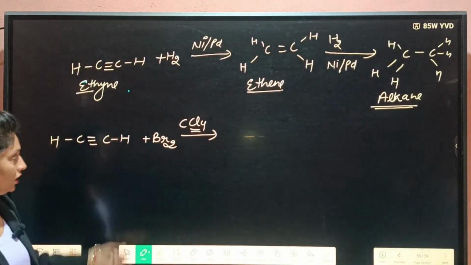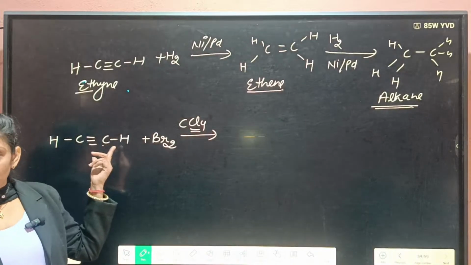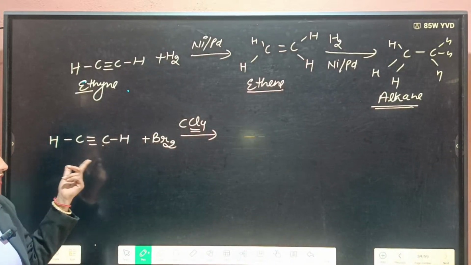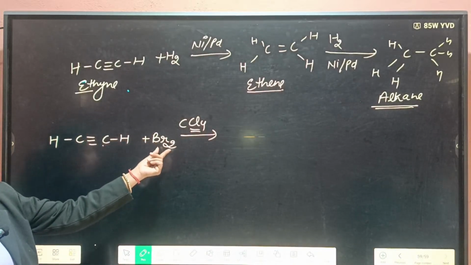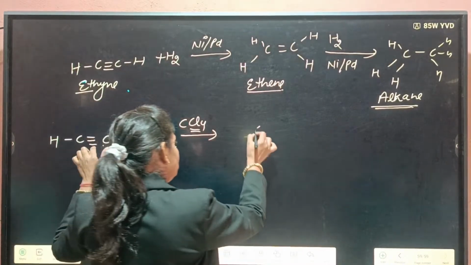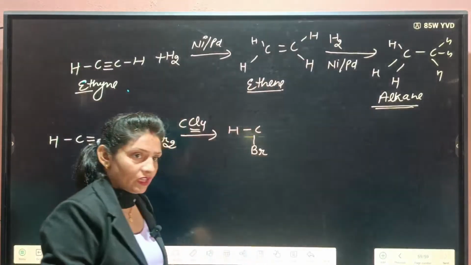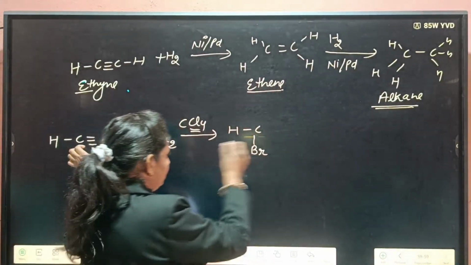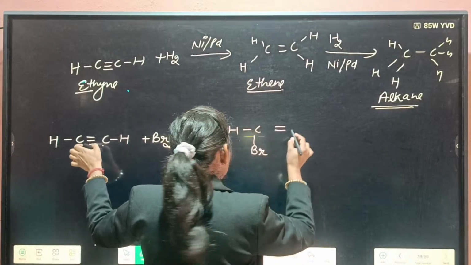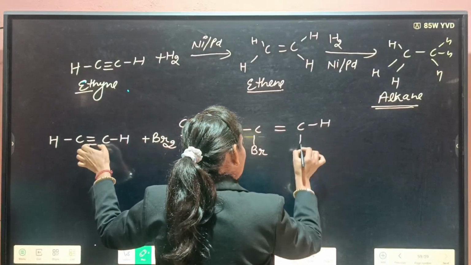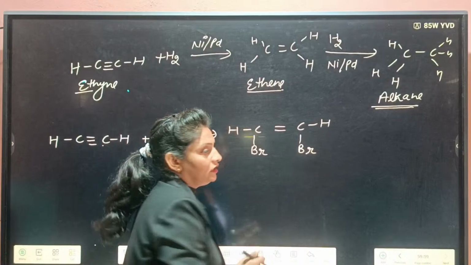This is also unsaturated, and this is also unsaturated. If you use one molecule, then one bond breaks. Clear? One halogen goes with this carbon and one halogen goes with that carbon.